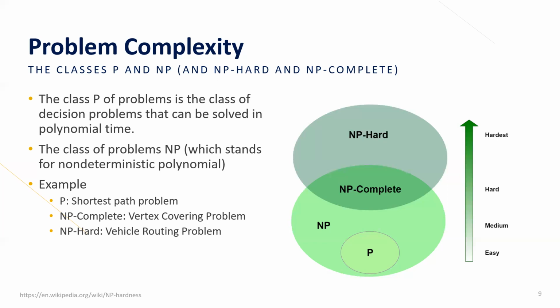P and NP represent the big O notation of the algorithms being used to solve that problem. So Dijkstra belongs to P. If you check the notation, it belongs to the category of polynomial time.